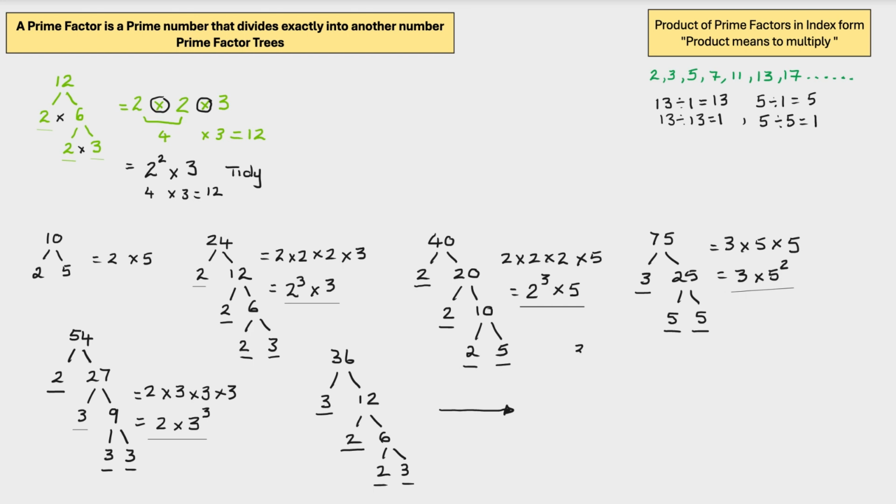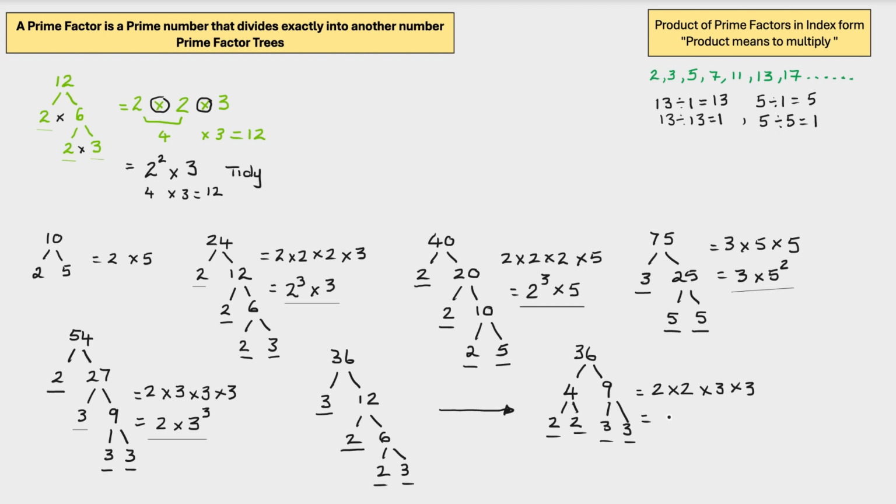So let's do 36 again. What other numbers could we multiply apart from 3 times 12? 36 is also 4 times 9. 4 is not a prime number, so we can take that to 2 times 2. And 9 is 3 times 3. Now we can stop. So this one has 2 times 2 times 3 times 3, which equals 36.